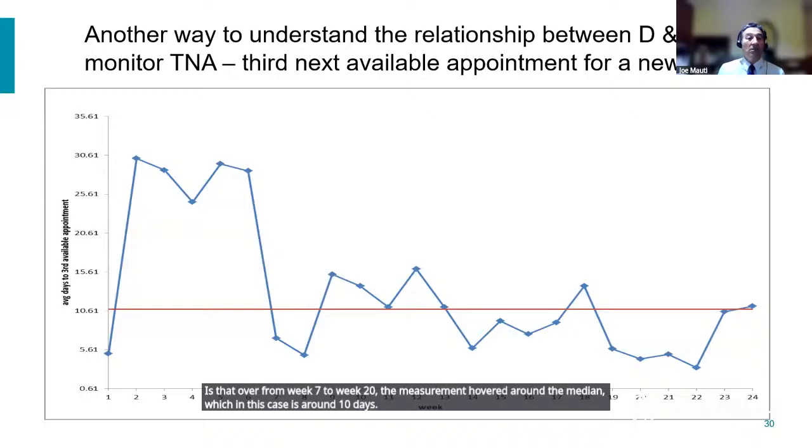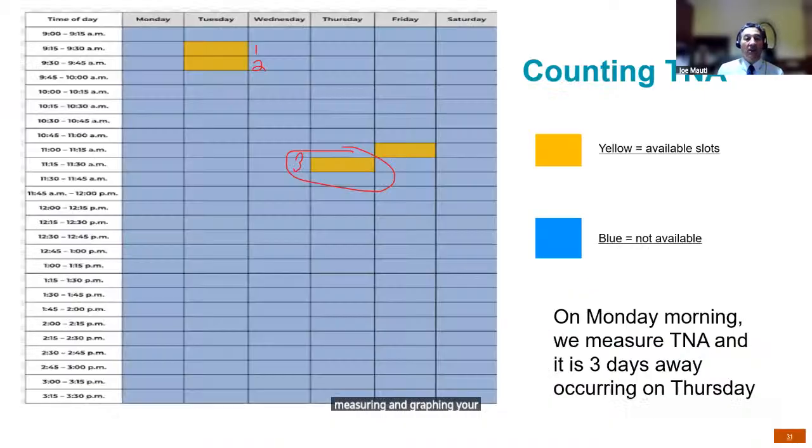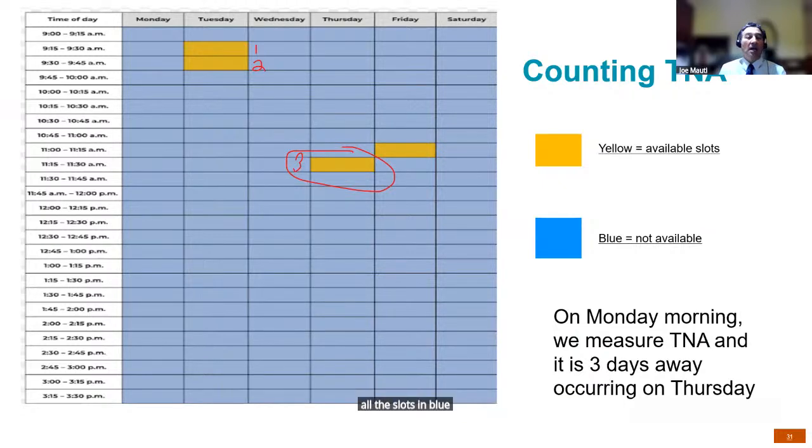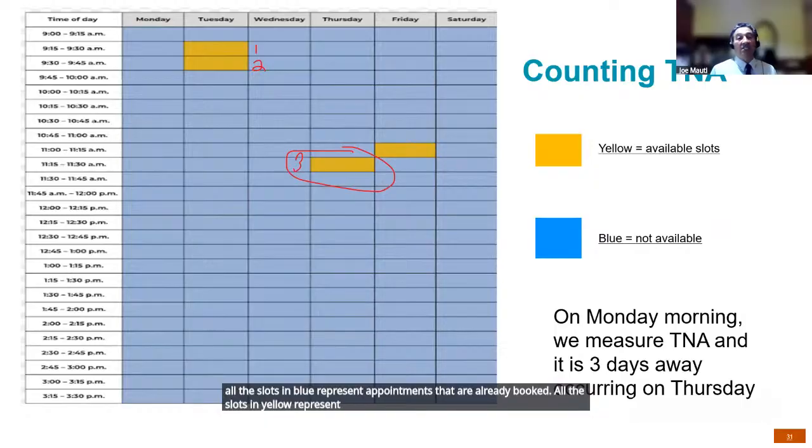So measuring and graphing your third next available appointment is very important. Here's a quick example of how to measure the third next available. Here's a typical schedule. All the slots in blue represent appointments that are already booked. All the slots in yellow represent the appointment slots that are open and available to book.